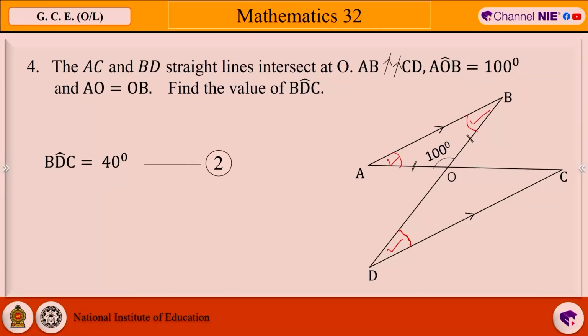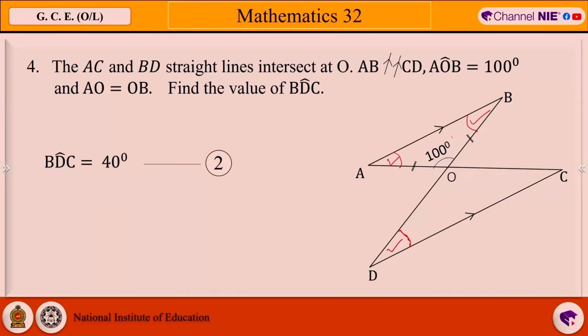What are they? Yes, AOB is an isosceles triangle, no? So, in an isosceles triangle, angles opposite to equal sides are equal. So, by that you can find OAB angle and ABO angle are equal. Then you can find the value of one of them. How?